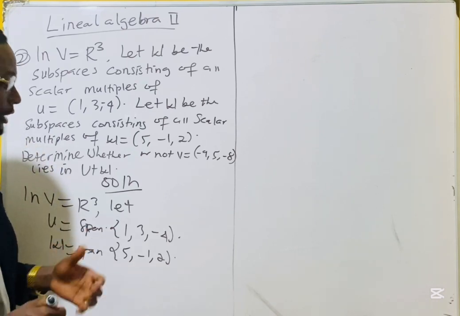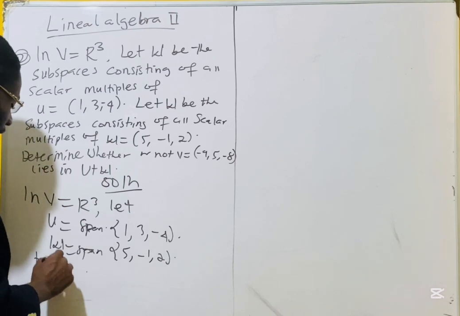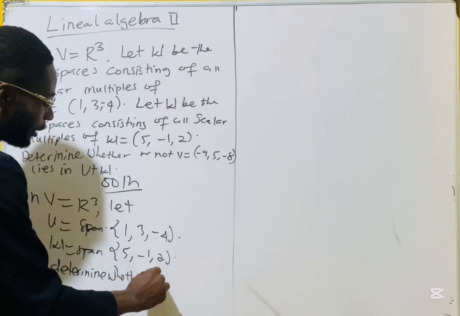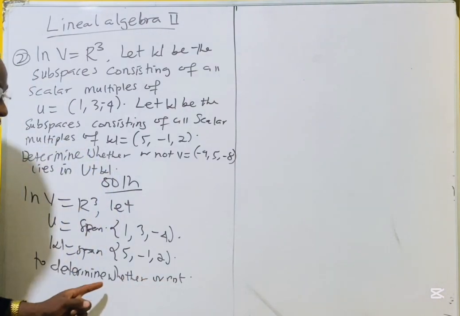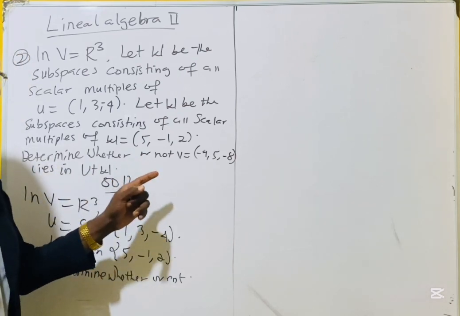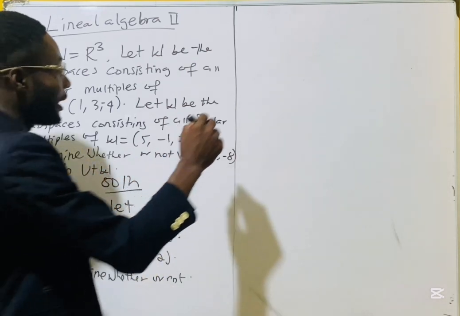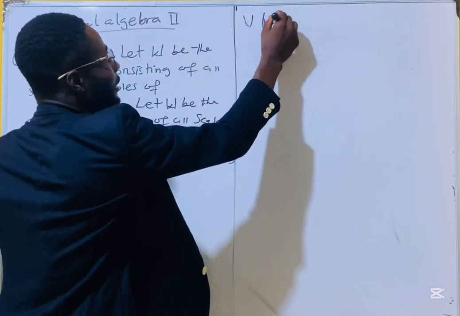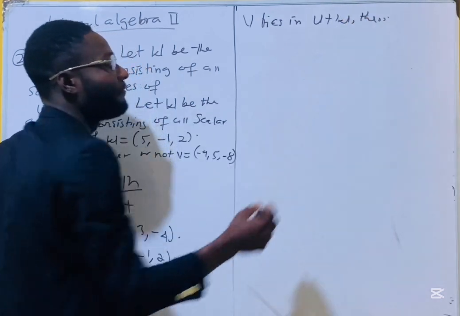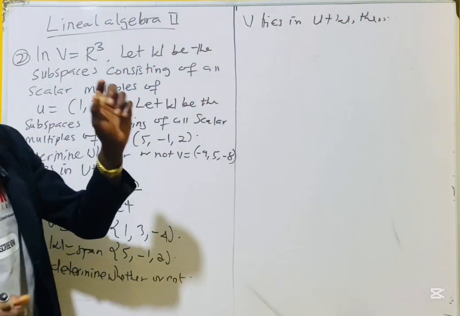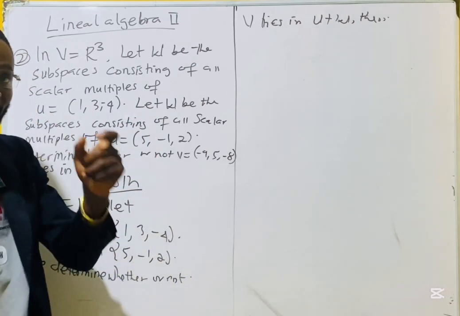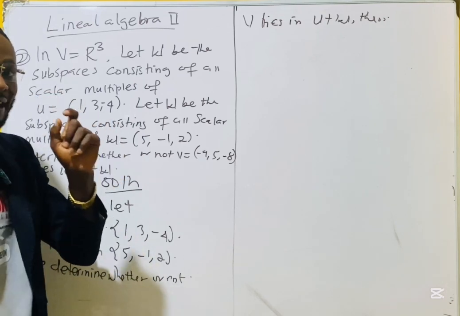whether or not V lies in U plus W, first you have to take u and multiply it by a scalar, plus take w multiplied by a scalar.